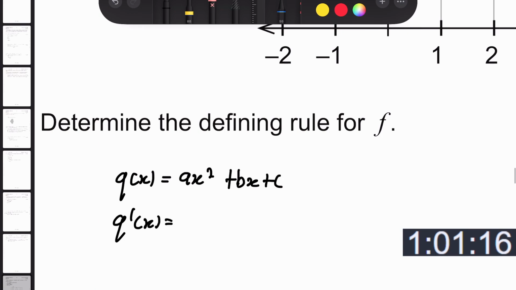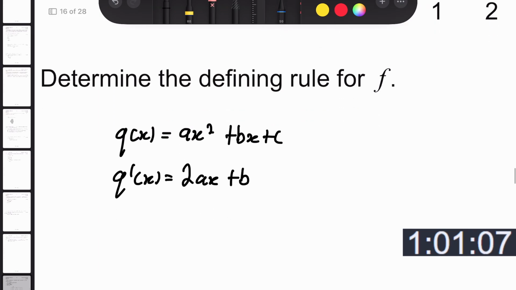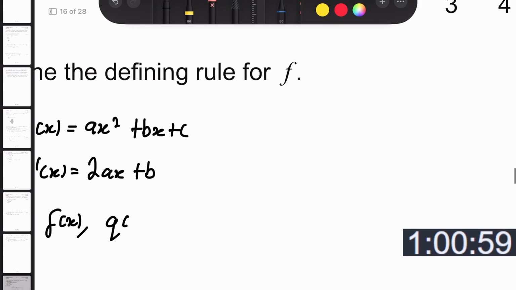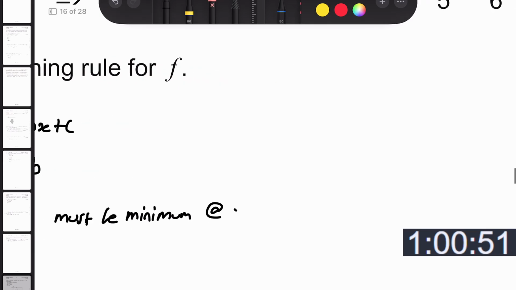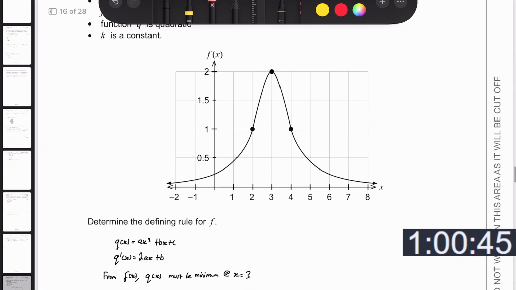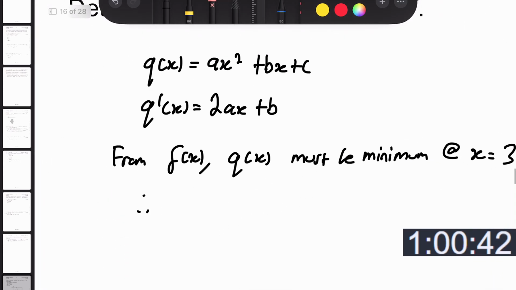Let's find a derivative. It's going to be 2ax plus b. So we'll say that from f of x, q of x must be minimum at x is equal to 3. Therefore, 2a times 3 plus b must equal 0.